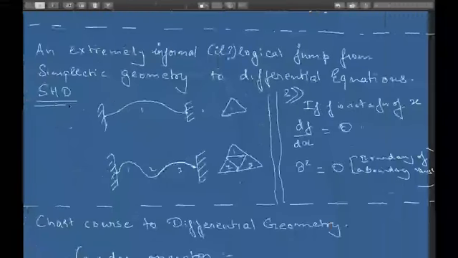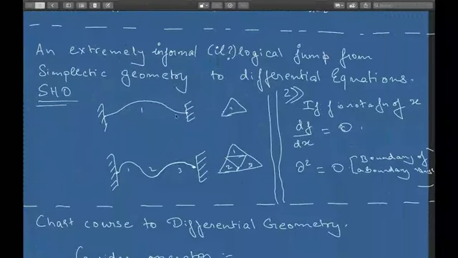If you look at simple harmonic oscillators, they have solutions, right? They have sine waves and cosine waves, right? Notice that this is of one mode and this is of two modes, right?